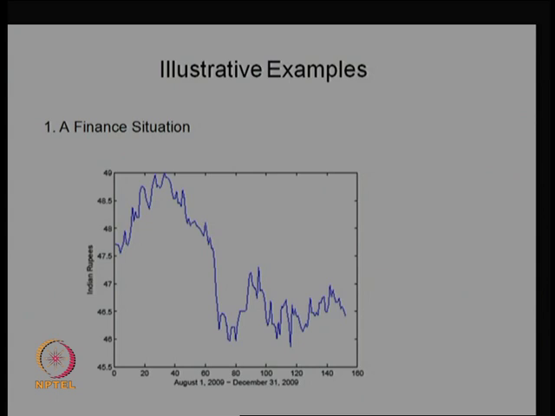If you see the dynamics over the days from August 1st, 2009 till December 31st, 2009, it keeps on changing. It takes some higher values, and after that it goes down, and it fluctuates and so on. This is the actual data which we have captured, and from that our interest will be what could be the US dollar price after some time.